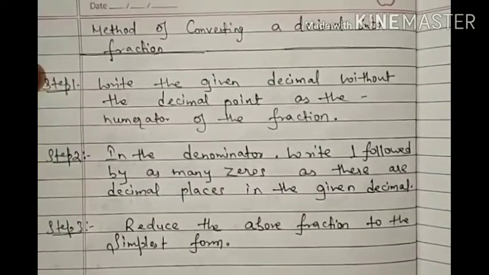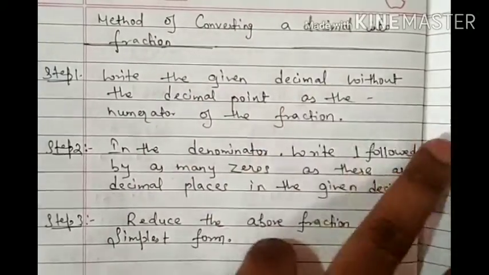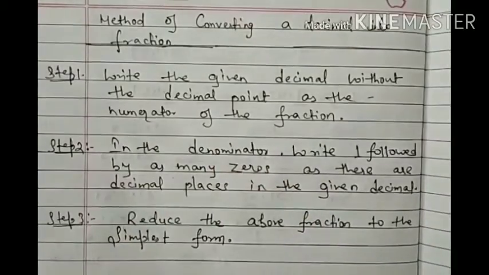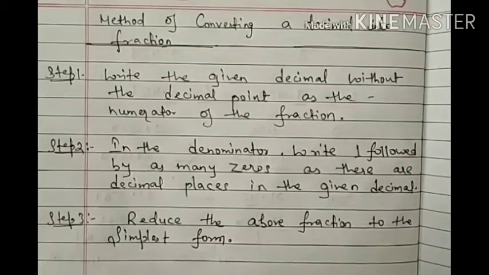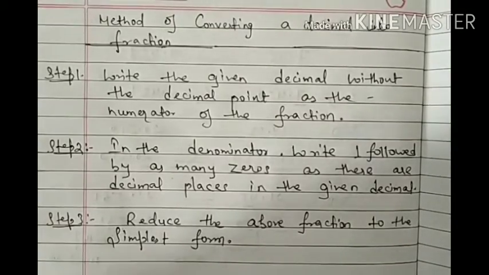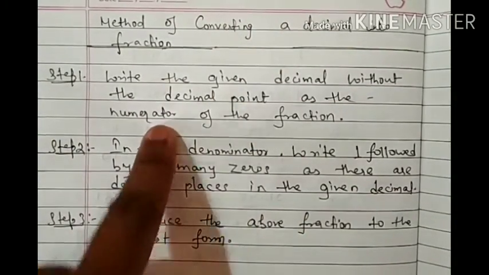Let's understand this. What is step 1? First of all, we will write the decimal without the decimal point as the numerator of the fraction, that is by removing the decimal point, as I taught you in the first video. What is step 2?